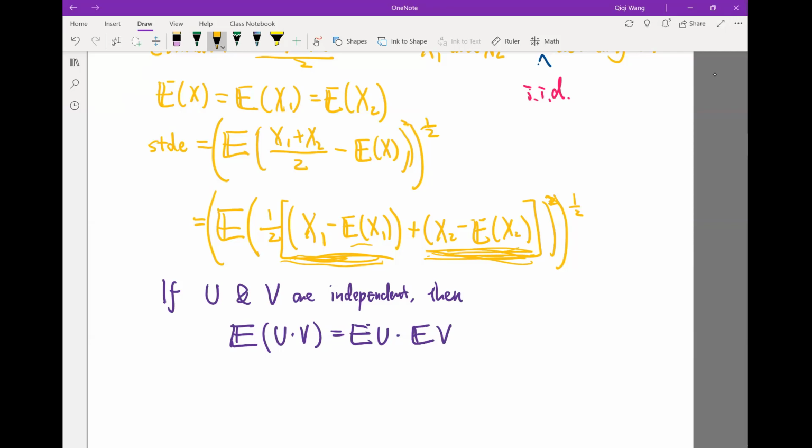And a function of a random variable is also independent from a function of another independent random variable.